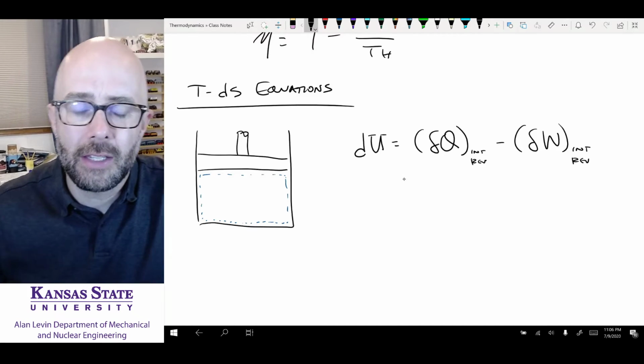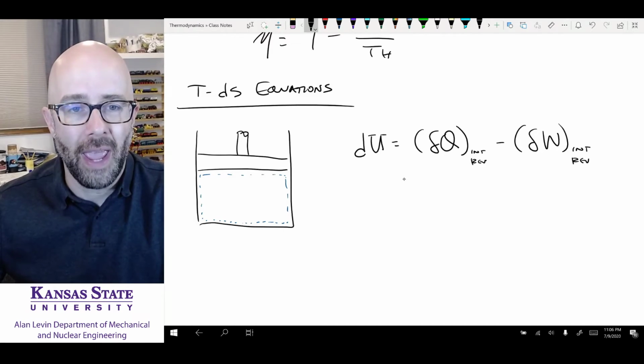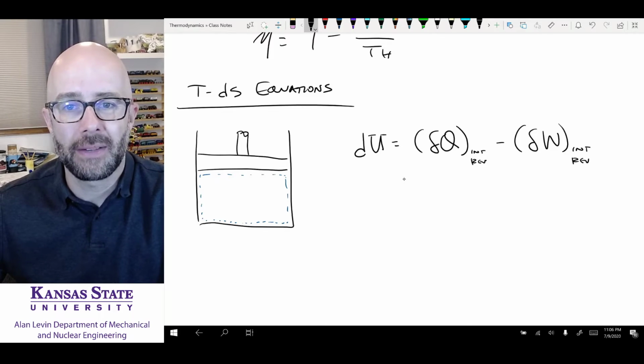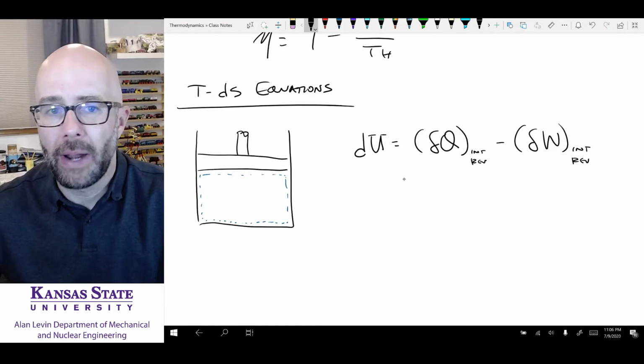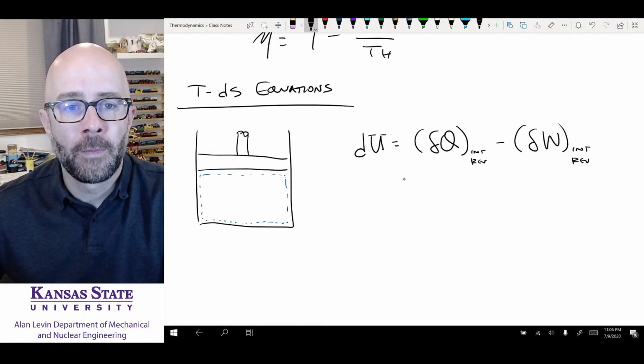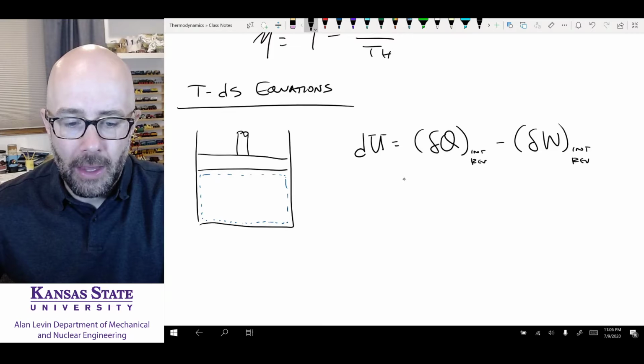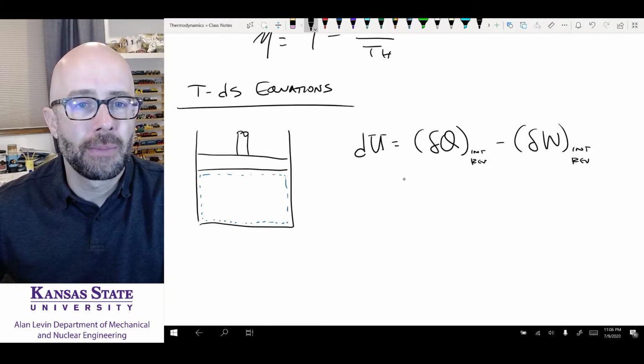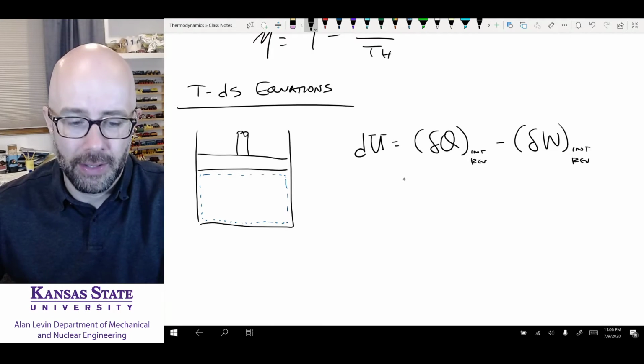Now this is the first law, but I'm just writing it in a different way. I'm writing it in differential form. Instead of saying delta U, I'm writing it as dU. And notice I'm also applying it for internally reversible situations.